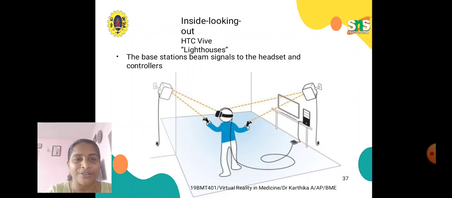See the inside looking out: lighthouse base stations beam signals to the headset and controllers. And in outside looking in, we need a particular HMD, head mounted display, for better viewing purpose.